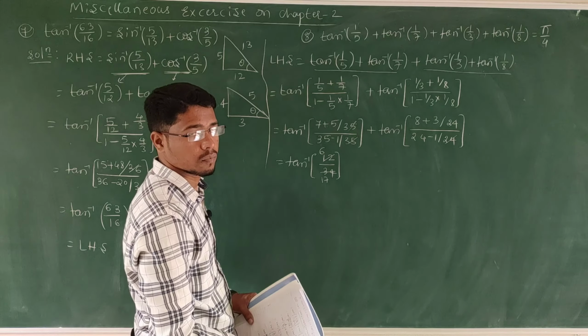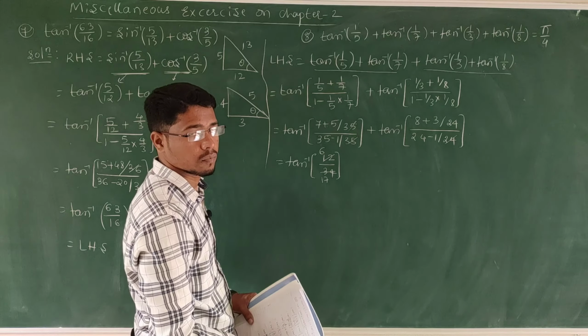So what is this? 17 into 23, the LCM becomes 391. 6 into 23 is 138 plus 17 into 11 is 187.